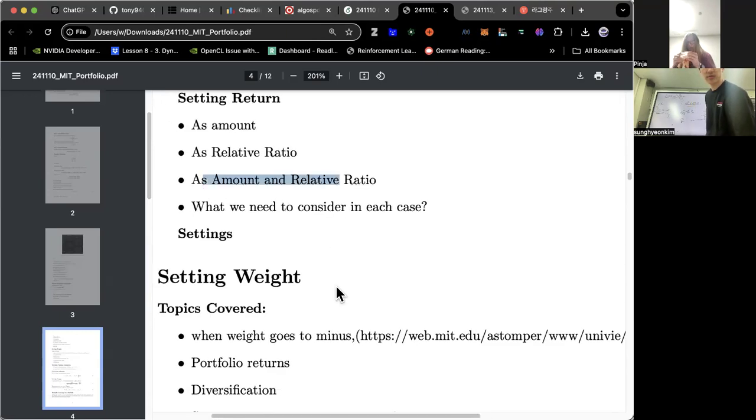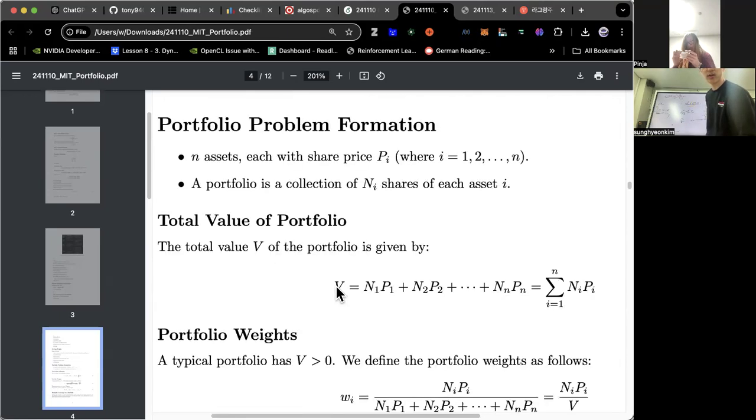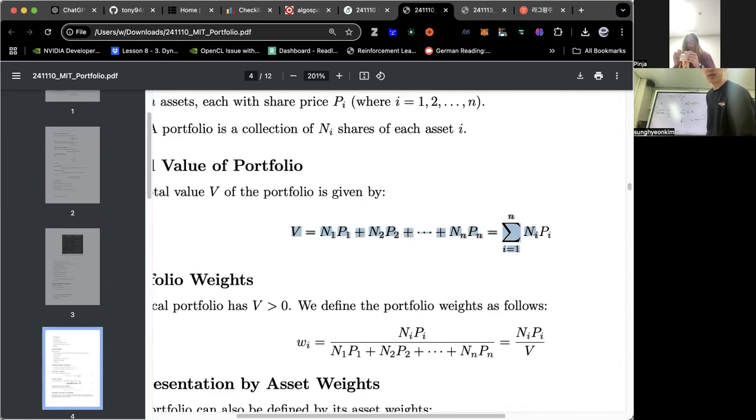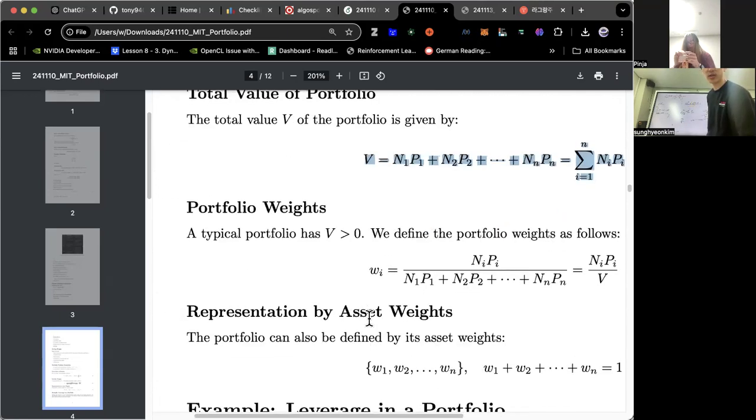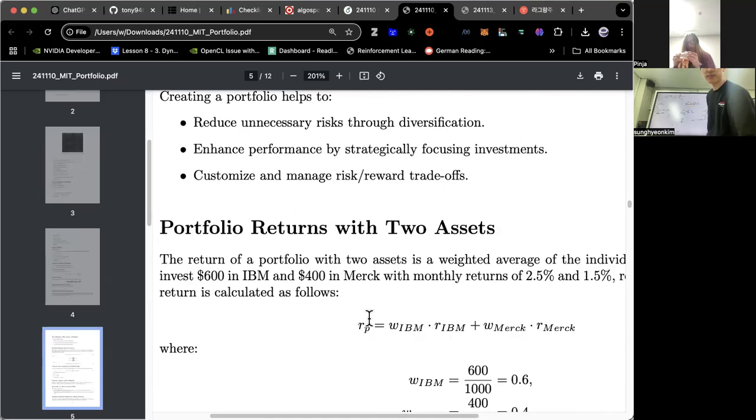We can consider both, and when setting weight, we should think about the Sharpe portfolio and other things. This is how we can consider both amount and rate. And the weights should sum to one.